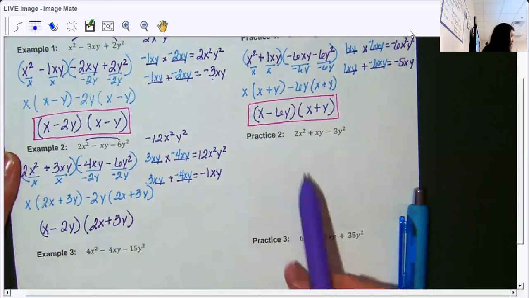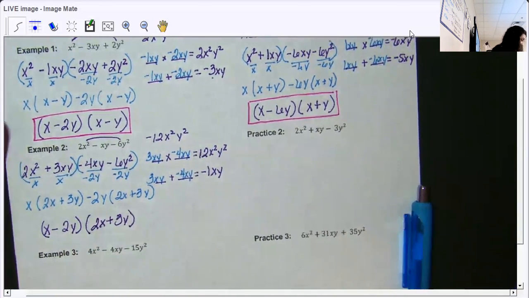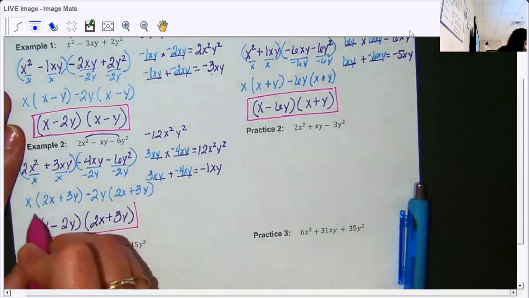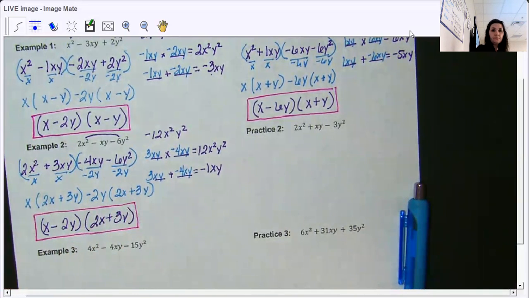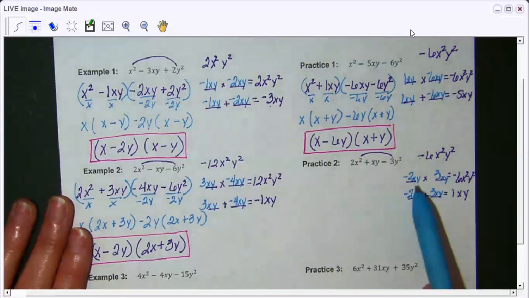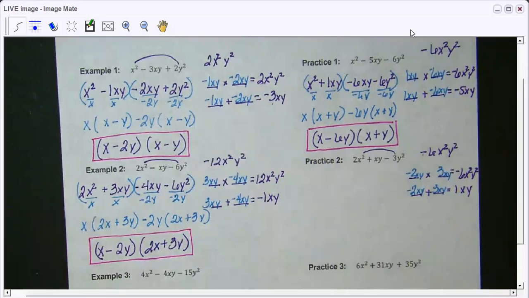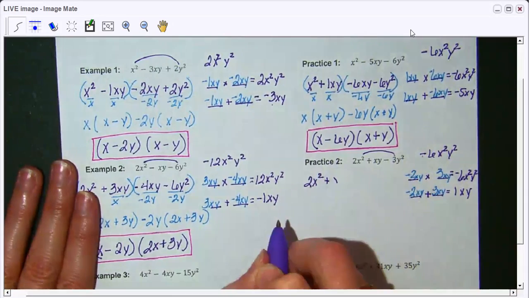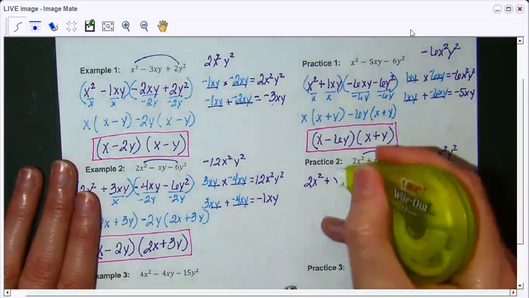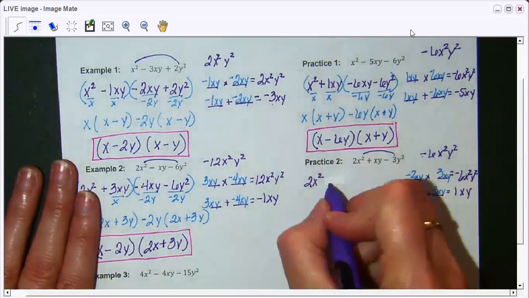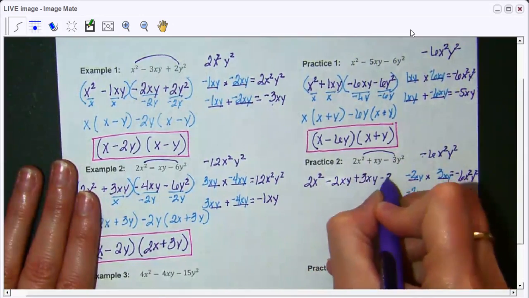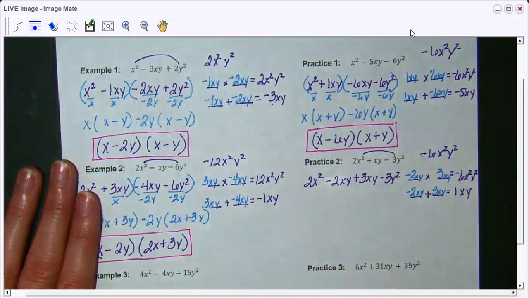Okay, so I want you all to try practice 2 on your own. Okay, so we have our factors for practice 2. So I'm just going to write out, and then we have to group together.